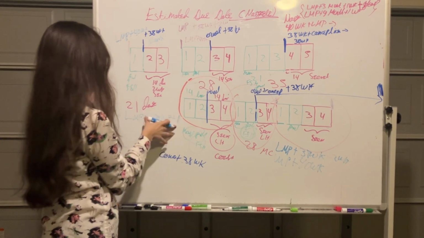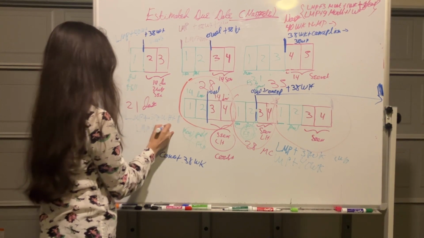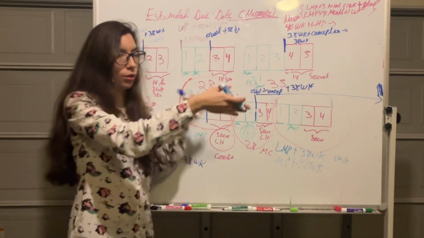So in this case, the due date would be last menstrual period plus 39 weeks. And Naegele's rule is a rule.